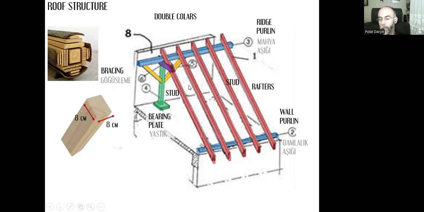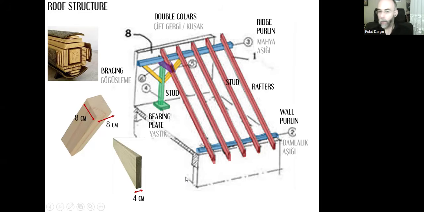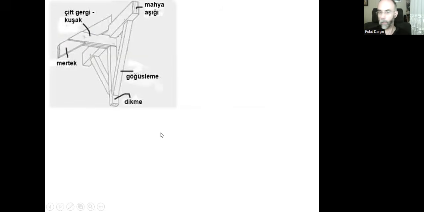Then we don't need to call it double collars. Obviously, there will be only one collar. The same logic. In Turkish, it's called çift gergi or kuşak. They are thin timber pieces like this. We can prefer 4 centimeters, and that can be up to 10 or 12 centimeters. The length is very short. As you can see, it's not important. There's no limit for that.